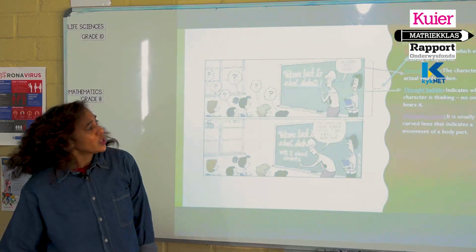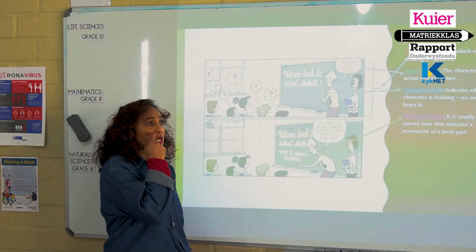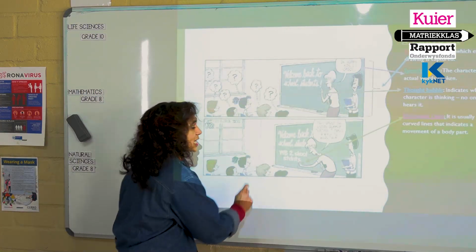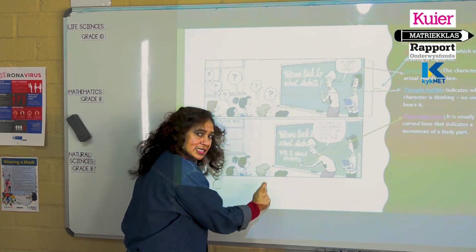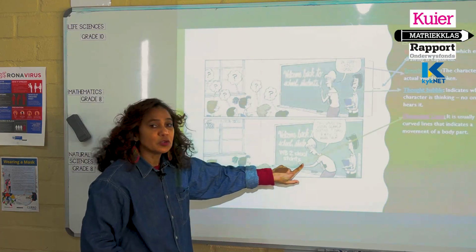Then our next terminology we're looking at are the movement lines. Here the movement lines, because remember, you cannot see what the cartoonist saw when he drew this cartoon. So here the cartoonist wants to show us that the teacher was writing vigorously and her hand was moving. So that is why we have the motion lines.